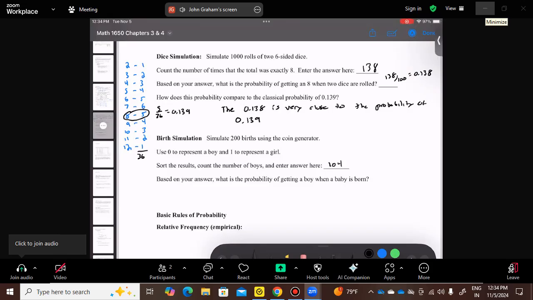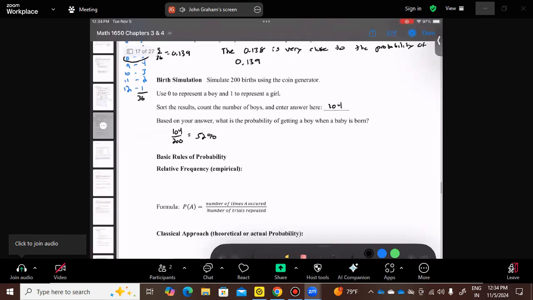So based on this, the probability of getting a boy would be 104 out of 200, which is about 52%. Very close to what we would expect, about 50%.